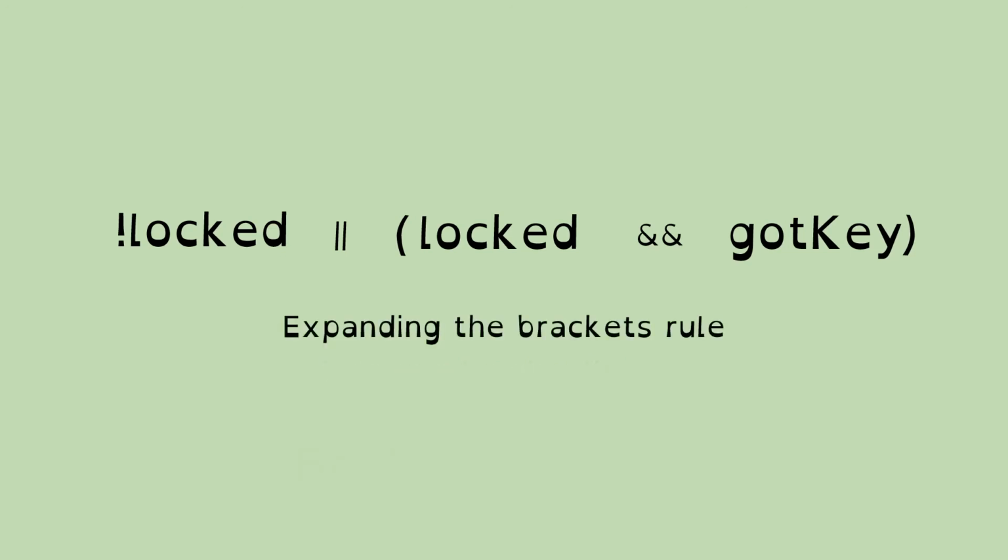So here we go. I'm going to go quite slowly so you can see all the different rules that are in play here. So the first rule we're going to use is the expanding the brackets rule. Here's the rule restated. A or (B and C) is equivalent to (A or B) and (A or C).